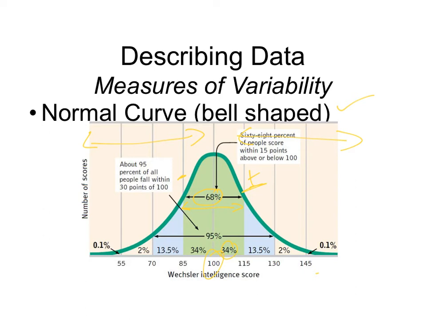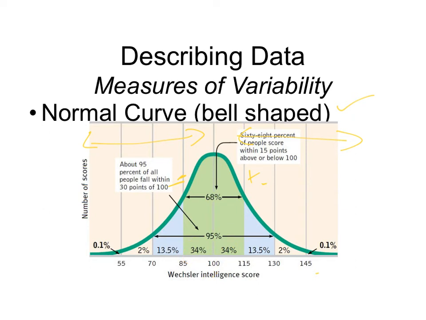If I ask you how many people fall within one negative standard deviation of the mean, that number is also going to be 34. 34 plus 34 equals 68. So therefore, we have 68% of people will fall within one standard deviation of the mean. I'm going to erase this for a second.